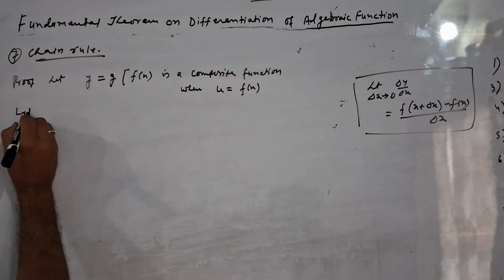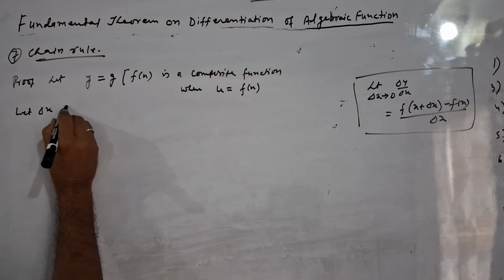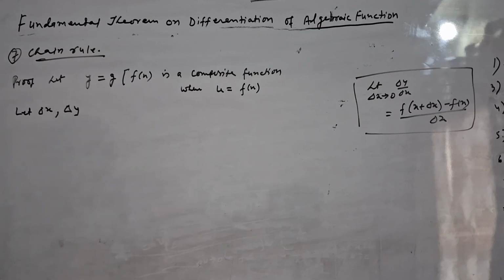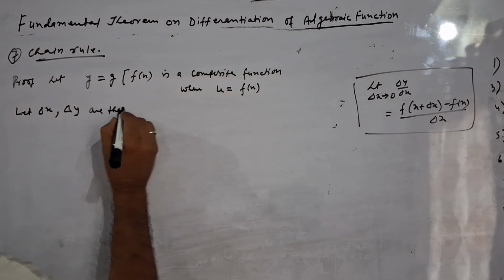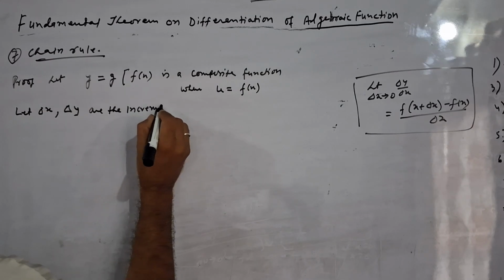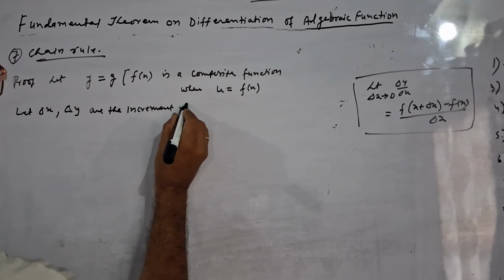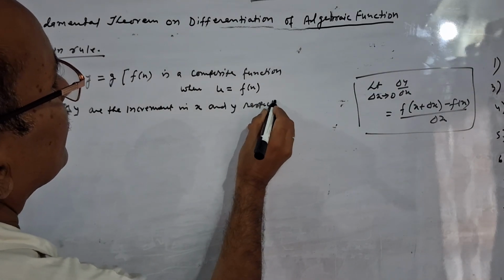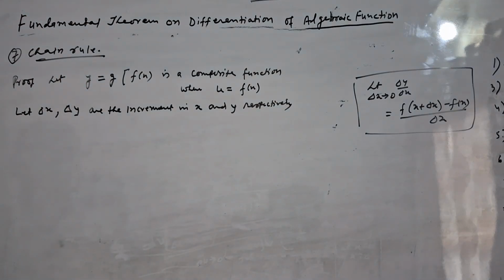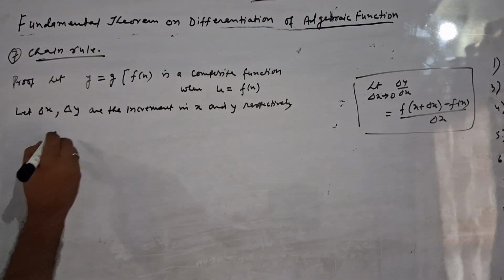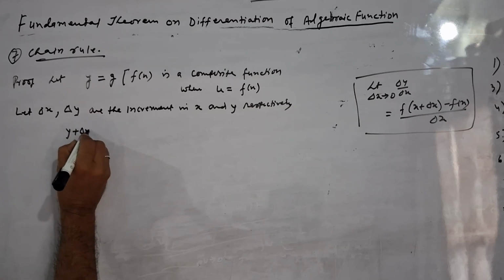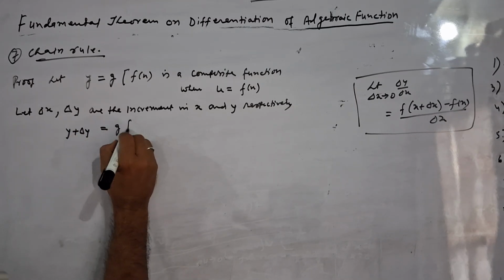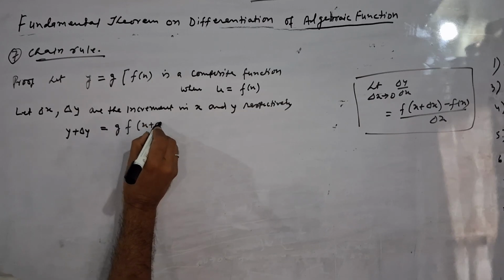Now let delta x, delta y be the increments in x and y respectively. Then we can write y plus delta y equal to g into function of x plus delta x.